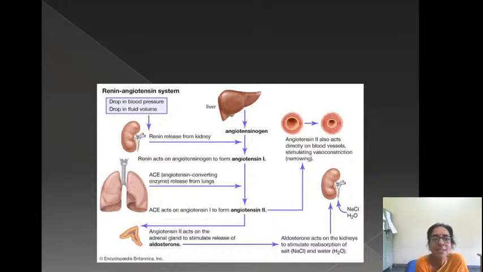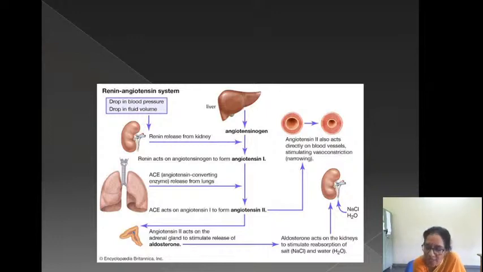So what is the function of angiotensin 2? Angiotensin 2 is a powerful vasoconstrictor. Here, as you can see, the blood vessel is vasodilated, and here there is vasoconstriction. It will act on all your arterioles, veins, and arteries and bring about vasoconstriction.